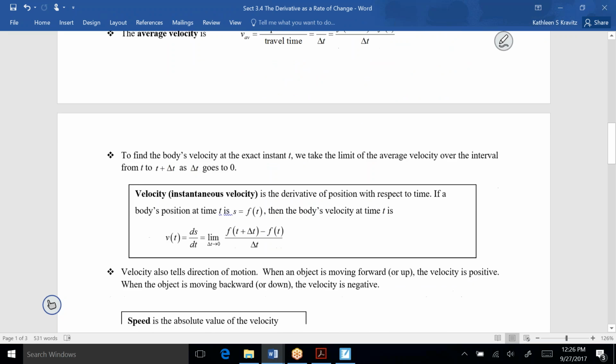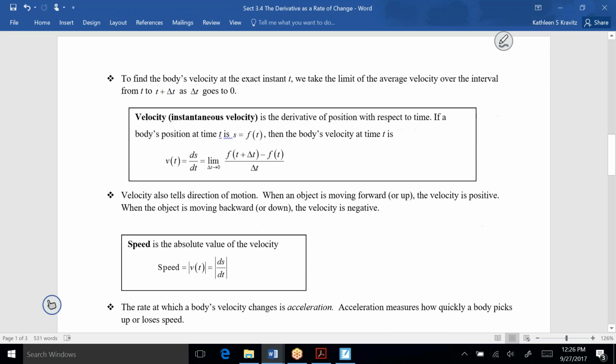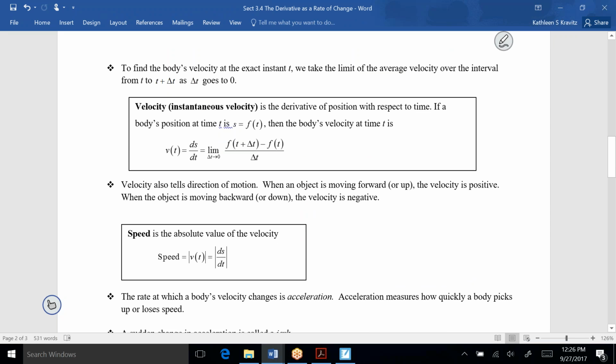And then to find the body's velocity at an exact instant t, we're going to take the limit of the average velocity over the interval from t to t plus delta t as delta t goes to 0. So just like we were doing in the last section, we're finding the limit of that body's position, the limit of that displacement function.